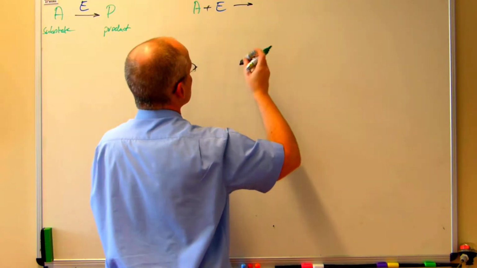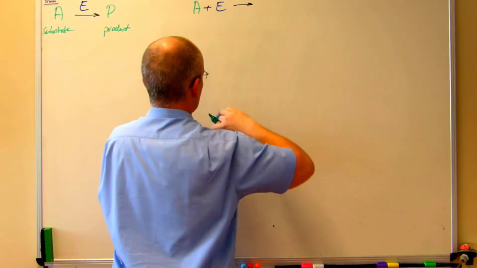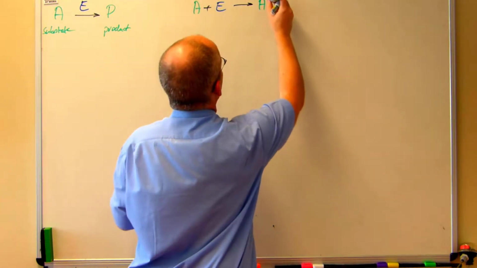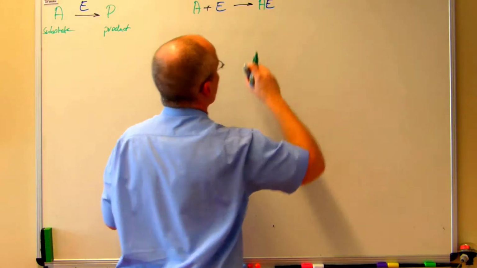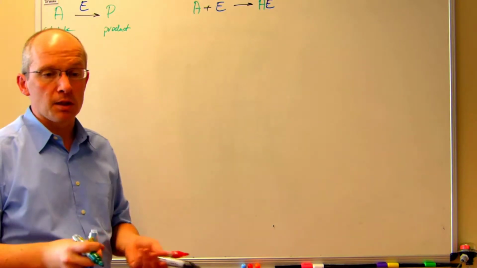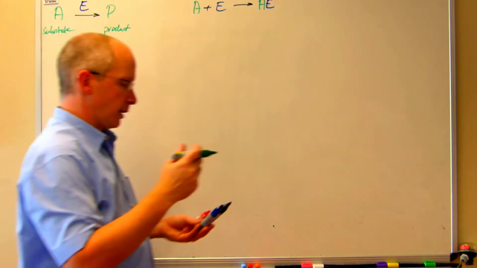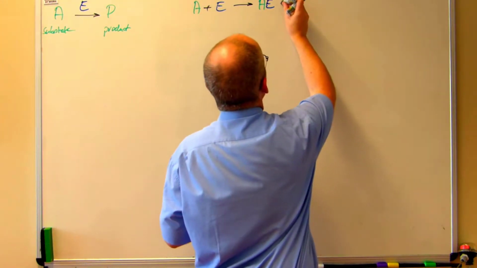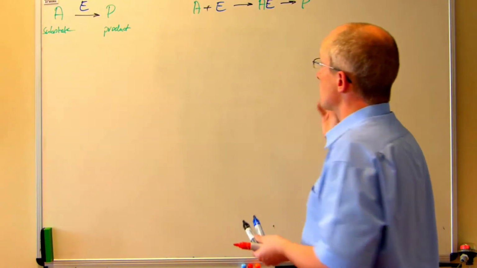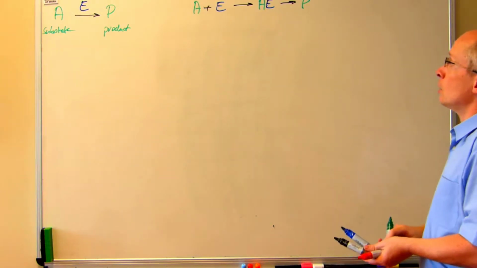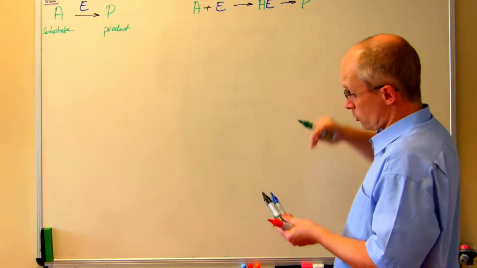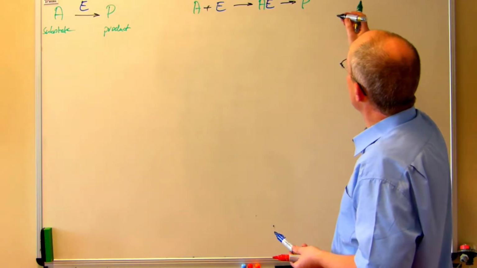That's our typical assumption, where the substrate is in the active site of the enzyme or something like that. Okay, and then we'll get to the product. So that's the simplest mechanism we can probably assume for a non-reversible enzymatic reaction.